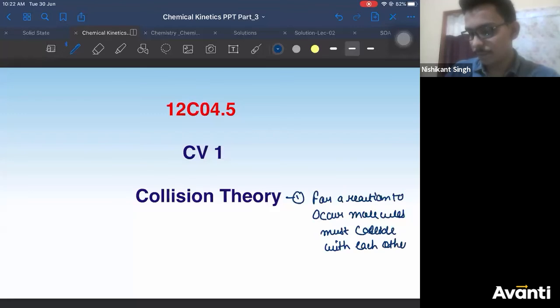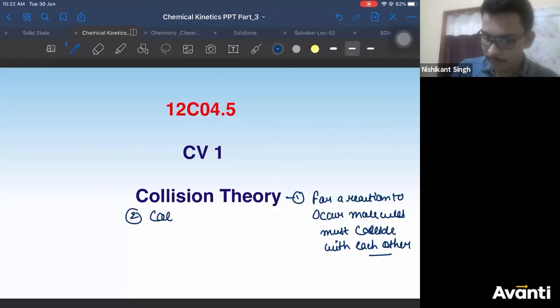This is the first condition. Second condition is that the collision must be effective.